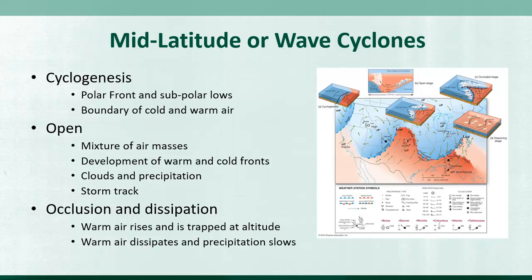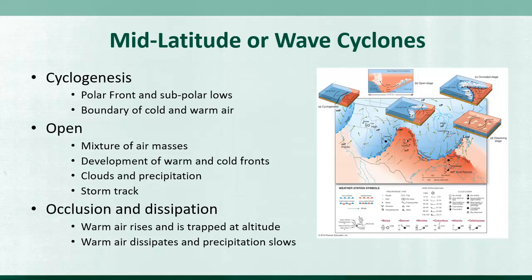What happens in the creation of these cyclones, or their cyclogenesis, is that low pressure forms along that boundary of cold and warm air. And as it does that, it starts to mix air masses. Cold air is brought in the northern hemisphere in a counterclockwise manner and is pushed into the warm air, forming a cold front.